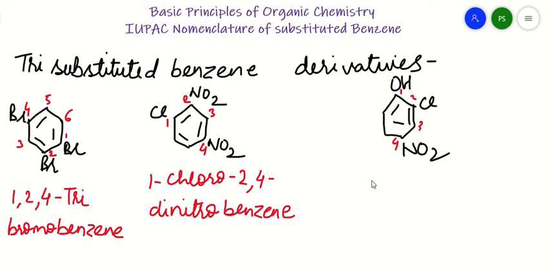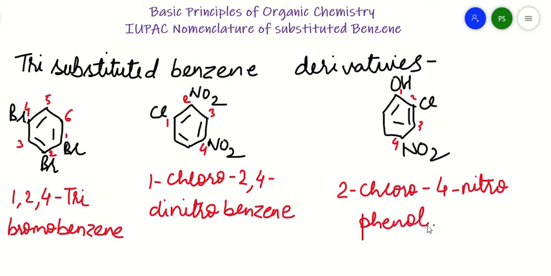So I will write the name of this compound as 2-chloro-4-nitrophenol. So children, this is the way of writing the IUPAC name of trisubstituted benzene derivatives. Thank you children.